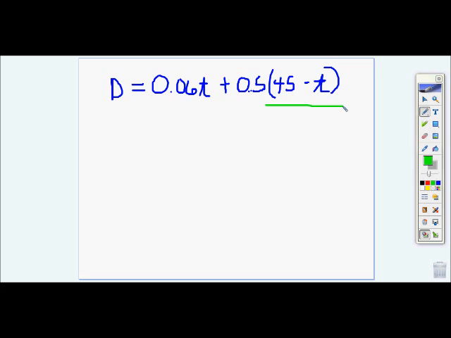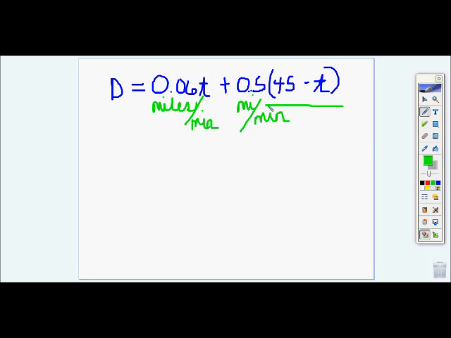You walk 0.06 miles. This is my miles. You walk 0.06 miles a minute, and the bus travels at 0.5 miles a minute. This is miles a minute as well.